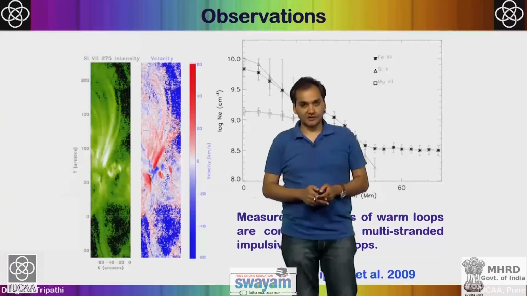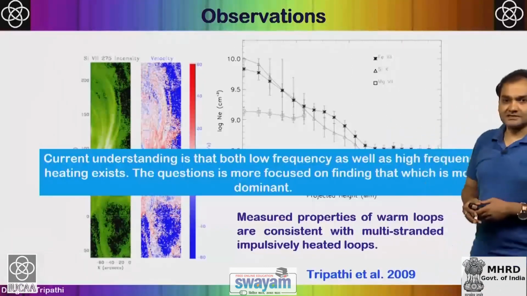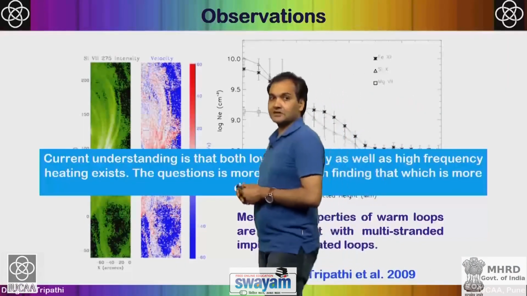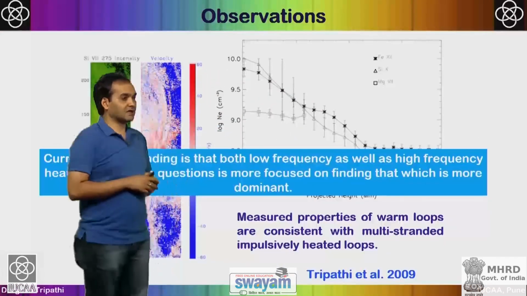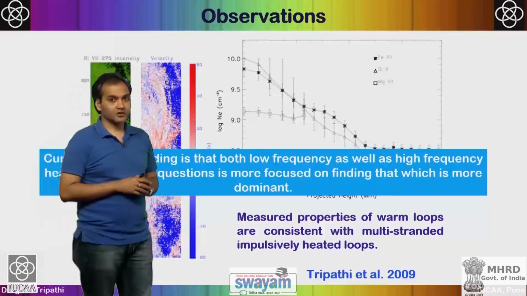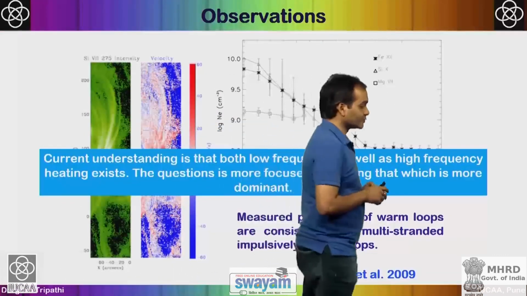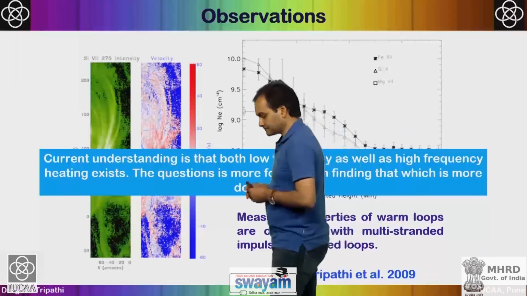Now, the current understanding of coronal heating is that both low frequency as well as high frequency heating exist, but the question is now more focused on which one is more dominant. Is the high frequency more dominant, the low frequency more dominant, or are they 50-50 or whatever.